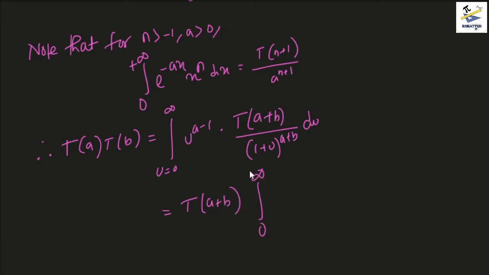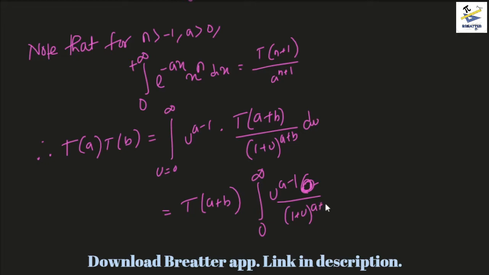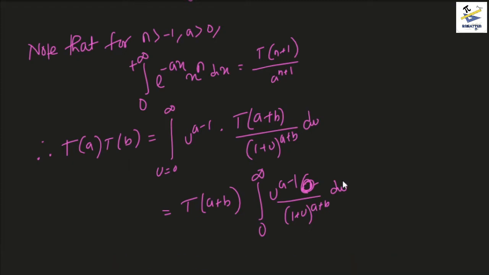Now since we have a single variable, we do not really need to change the variable of integration. u to the power a minus 1 divided by 1 plus u whole to the power a plus b du, right? So this would be how we change it.